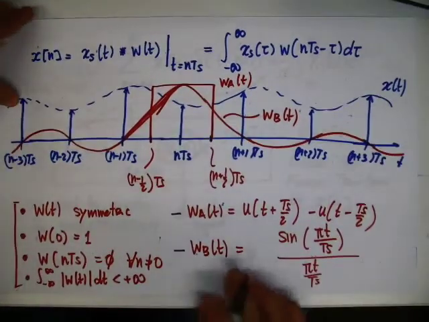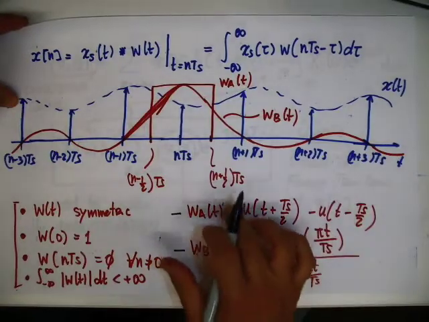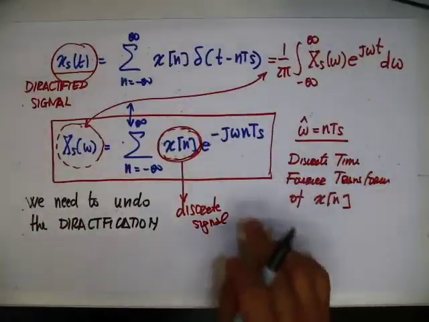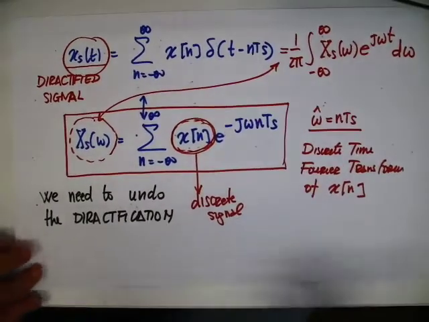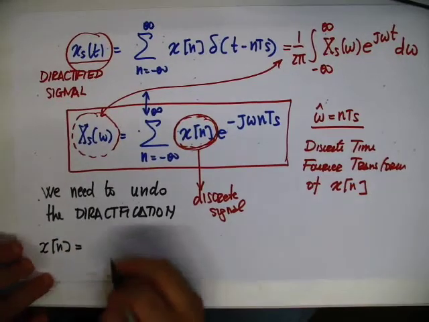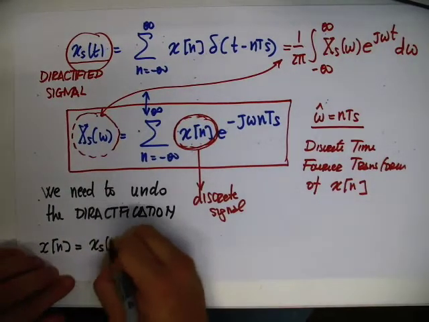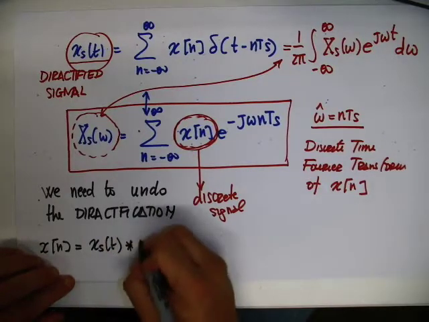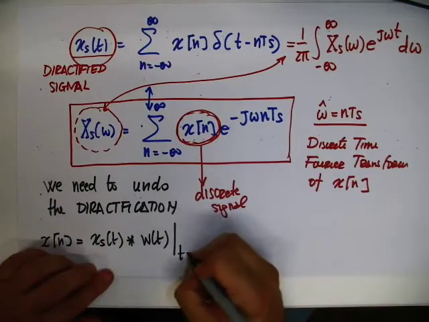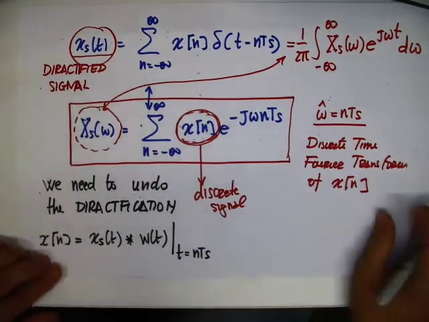Okay. So let's pick up. Let's see how the Fourier transform works. So we can define x_n as the convolution of x_s(t) convolved with w(t), computed at t equal nT_s.